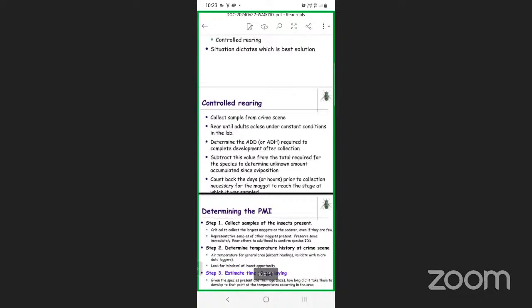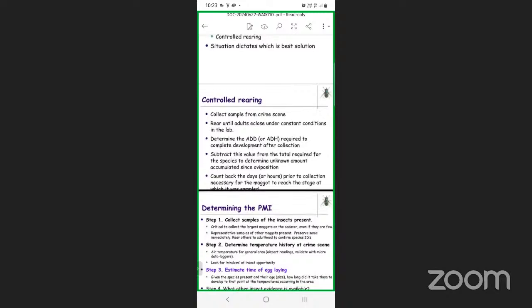We also see collecting samples from the crime scene and determining the value from the total required species to determine the unknown amount of accumulated oviposited flies, eggs, maggots, or any other stage.